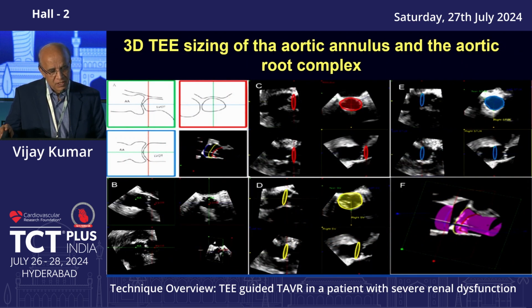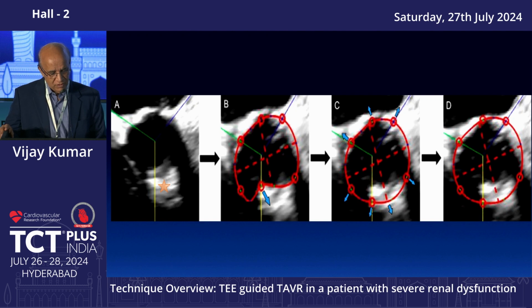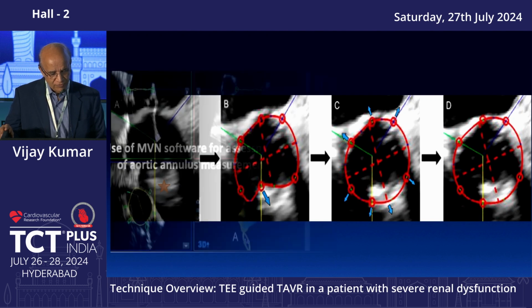These are some of the multiple views of 3D TEE, showing how one takes the size of the LVOT, the annulus, and the SOV, and then takes an average and decides about the size of the valve that you are going to choose.